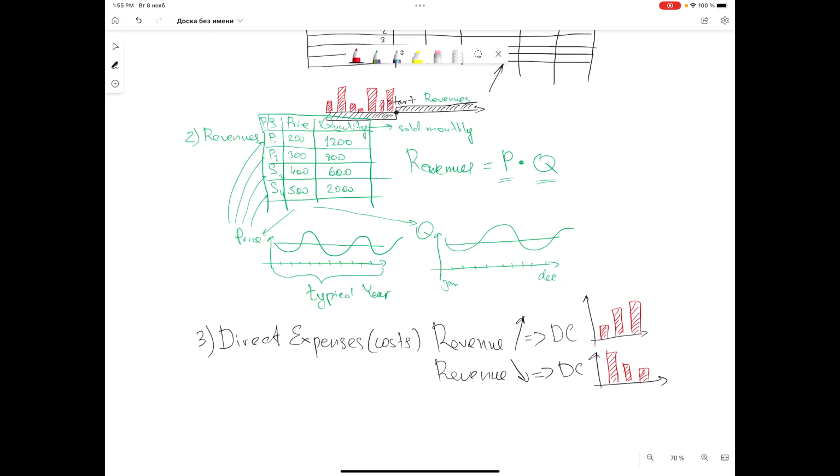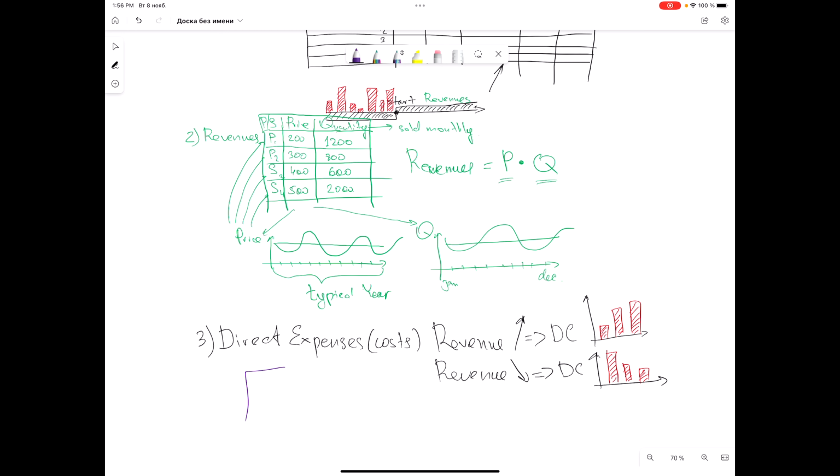And what is very important about direct costs is that you have to look at your business idea and try to remember all different types of costs that depend on the revenues. It is very important to mention all of them.